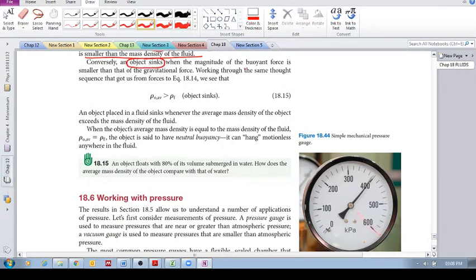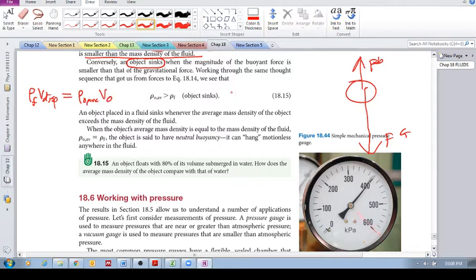An object will sink when the FB is smaller than FG. Obviously, right? And so the density of the fluid times the displaced volume of fluid, versus the average density of the object times the volume of the object.